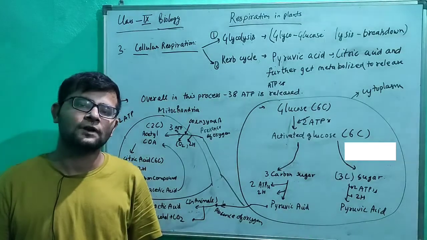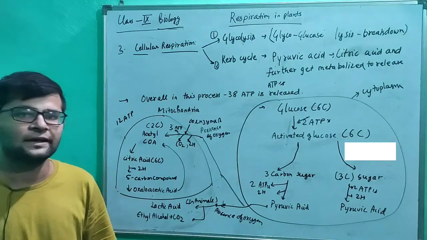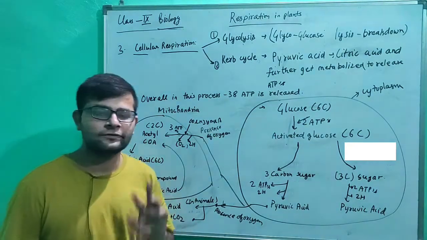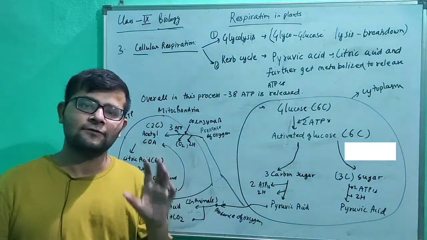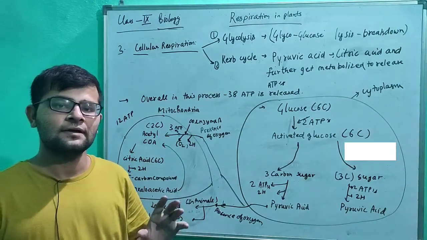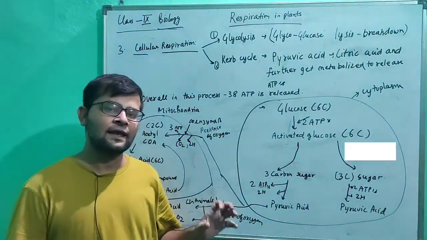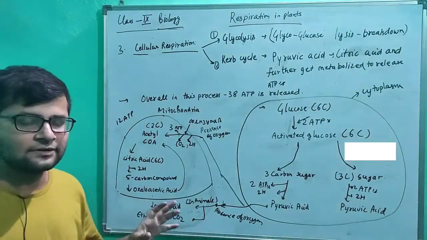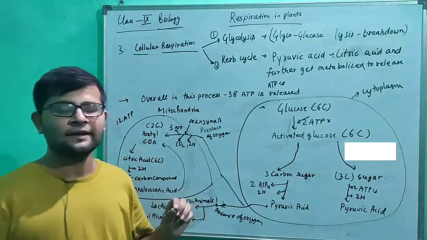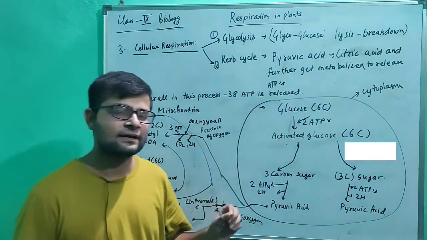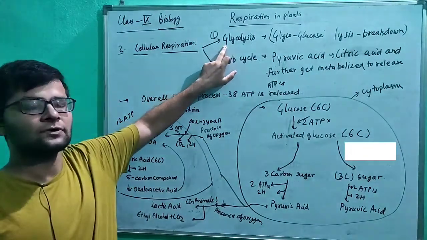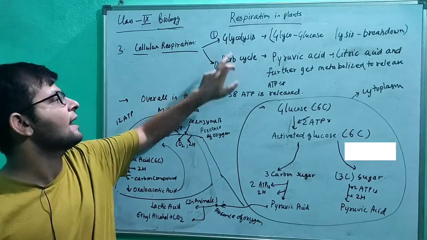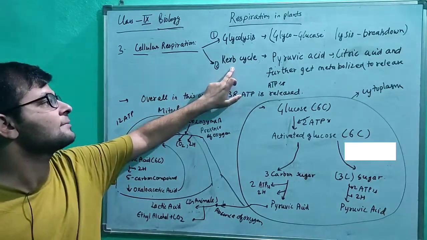Students, now let's talk about cellular respiration. In cellular respiration, two processes happen, and these two processes are fundamental for the production of energy in any unicellular organism or in any cell that has aerobic or anaerobic respiration. So the first process that is going to happen is glycolysis, and the second process is the Krebs cycle.